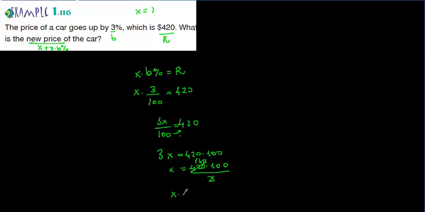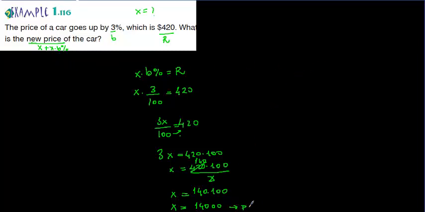So x is equal to 140 times 100, and to multiply by powers of 10, we add the zeros directly to the end. There are 2 zeros, so 140 and 2 zeros is equal to 14,000. So the price of the car is 14,000.